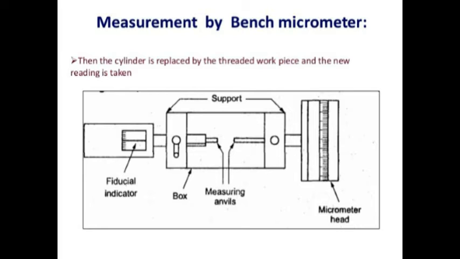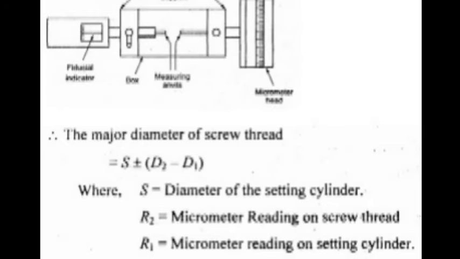If d is the diameter of the setting cylinder, r1 is the reading of the micrometer on the setting cylinder, and r2 is the reading of the micrometer on the screw thread, then the major diameter of the screw thread is equal to d plus or minus (r2 minus r1).